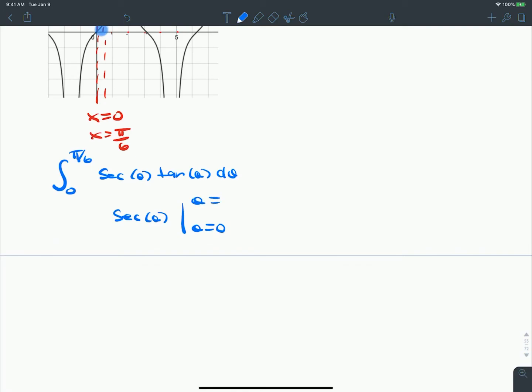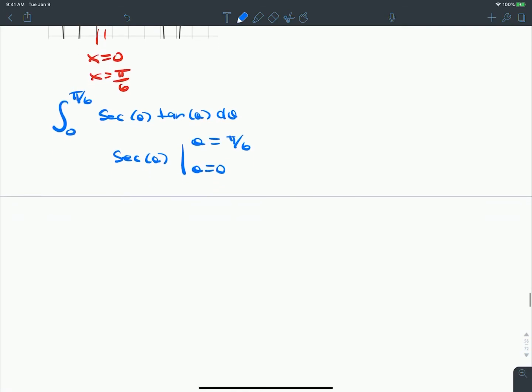Theta is 0. Theta is pi over 6. So this is my antiderivative function. So we're going to need to take the antiderivative evaluated at pi over 6 minus the antiderivative evaluated at 0.